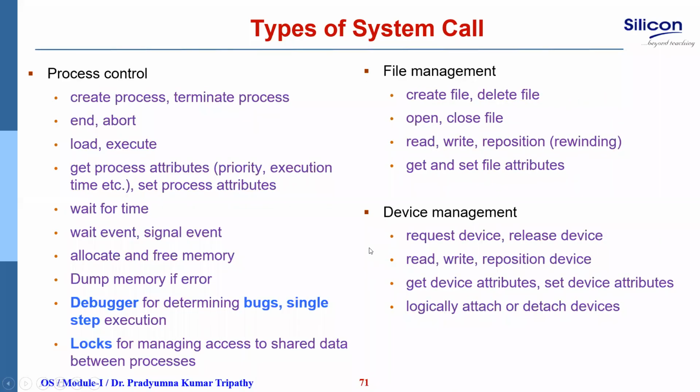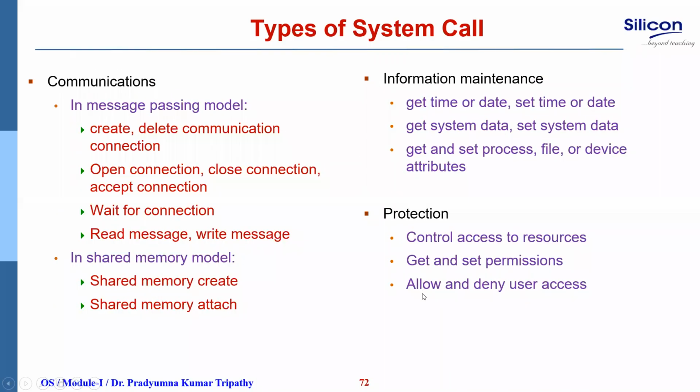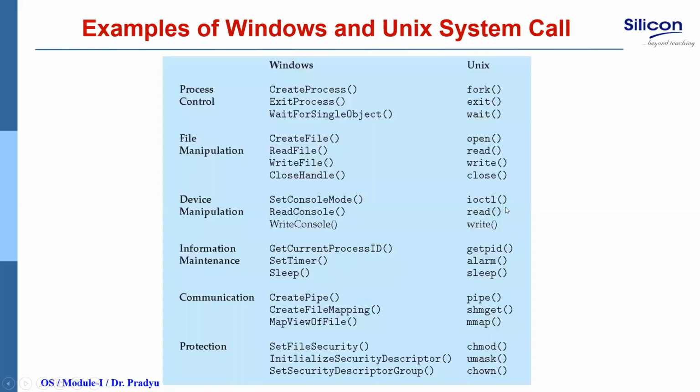So the system calls are categorized into these six categories: process control, file management, device management, communications, information maintenance, and protection. All these system calls are categorized and put under different headings. These are examples of various system calls, and some of them we will read here. In our lab we will work with these system calls.